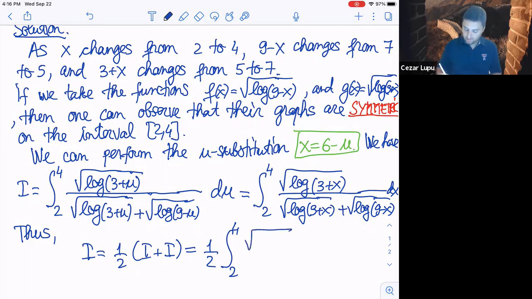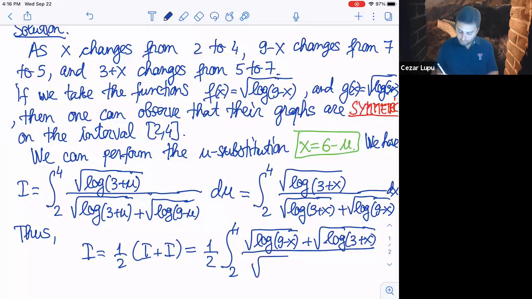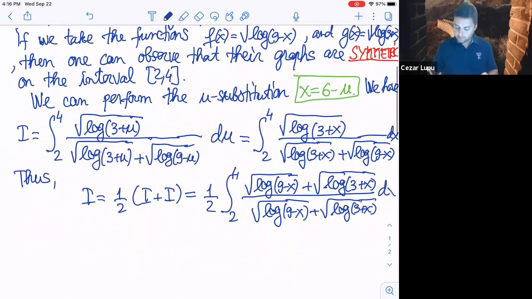So here we have the square root of log of 9 minus x, plus the square root of log of 3 plus x, over the same thing, dx.